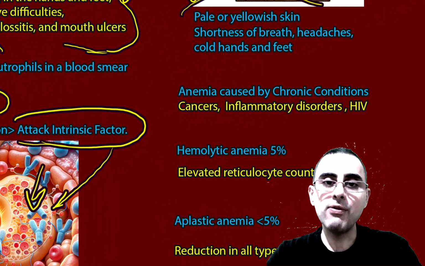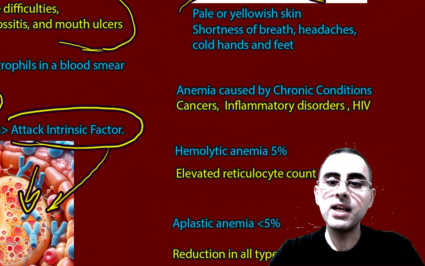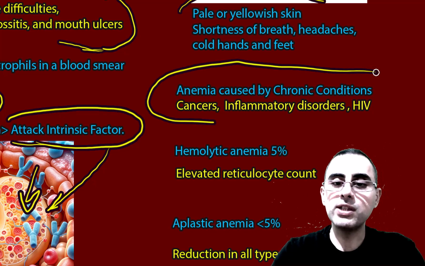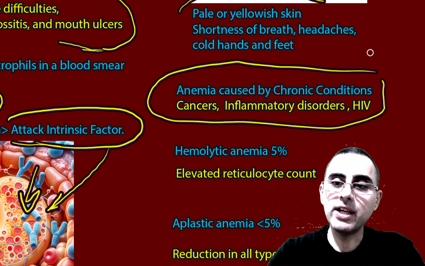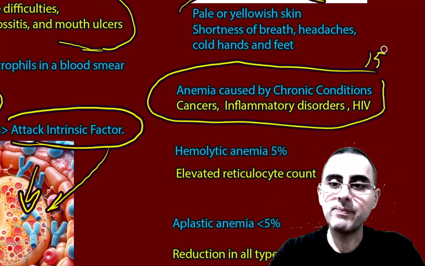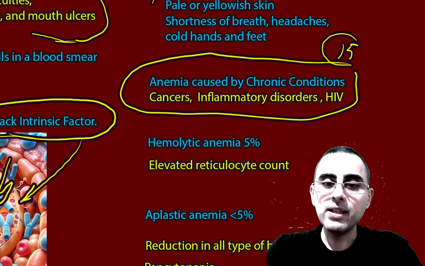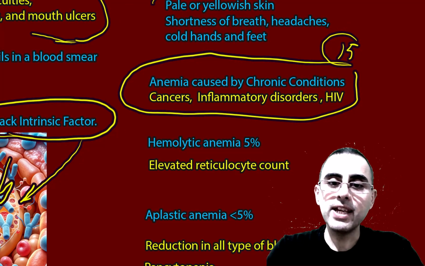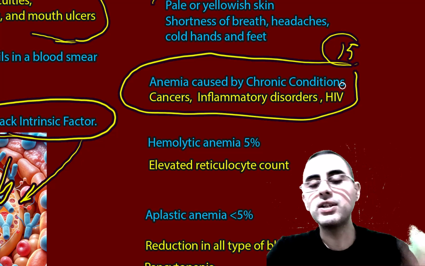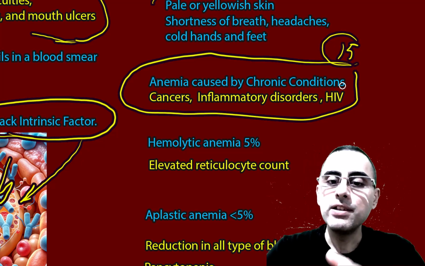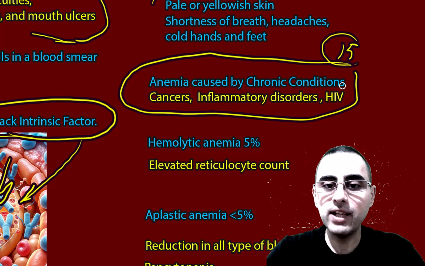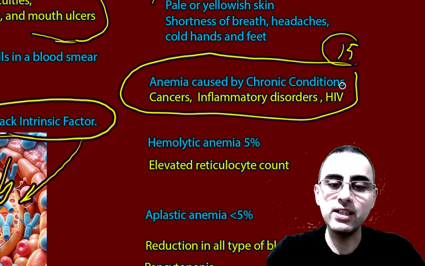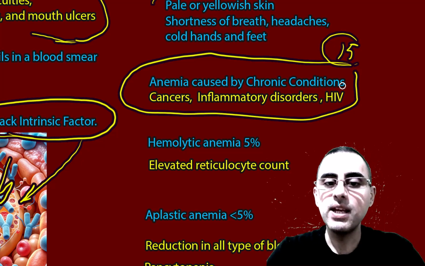If this condition is left untreated, we will have serious complications like nervous system damage and heart damage. Another cause of anemia is anemia caused by chronic conditions. It's responsible for around 15% of cases. It means, for example, when a person has cancer or inflammatory disorders or HIV, then he or she will also have anemia at some stage of the disease.